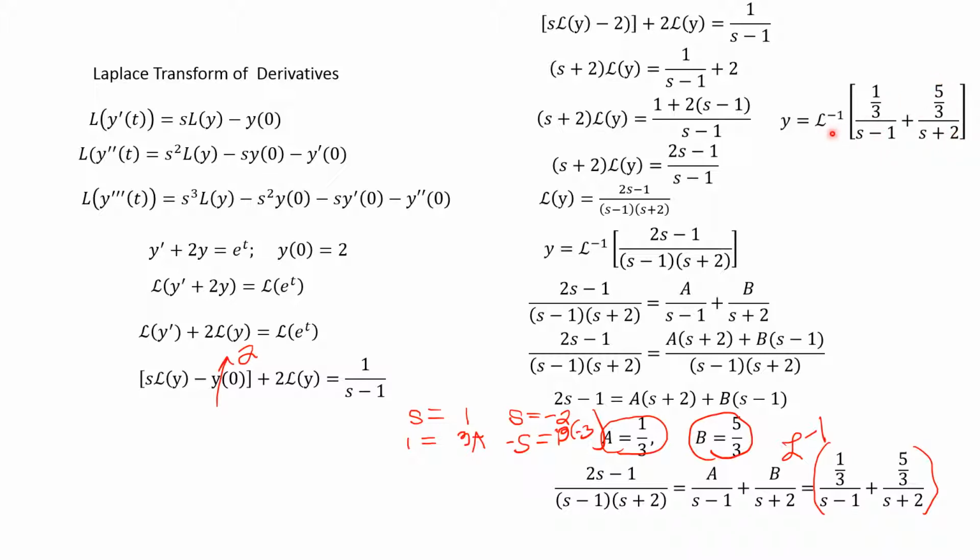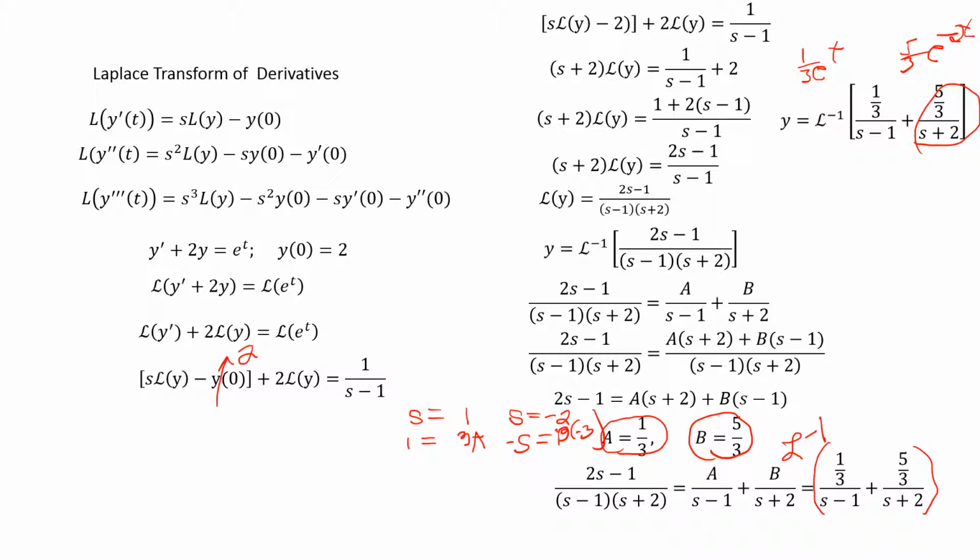Now the inverse can be applied linearly here. So what is the inverse of 1/3 over (s minus 1)? This is 1/3 e to the t. And then what about here? The inverse of this is 5/3 e to the -2t.